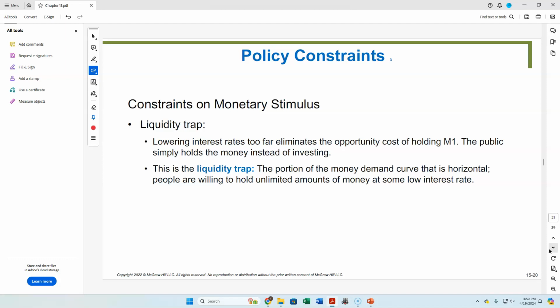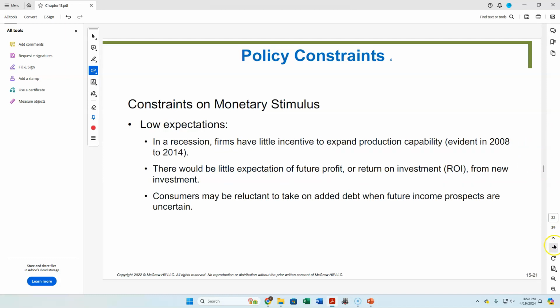People are going to spend the money that they have, but at some point people might just hold on to that money because they don't know what's going to happen in the future. And again, you can find yourselves in these liquidity traps that make it very difficult to get out of a bad situation.